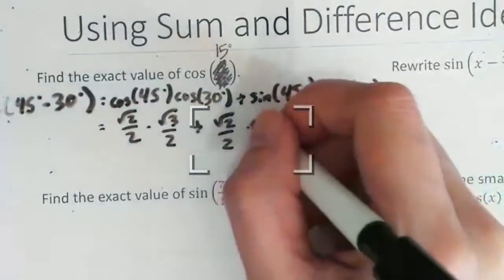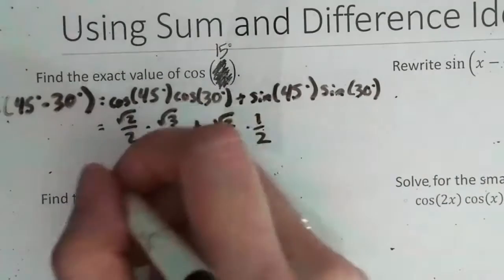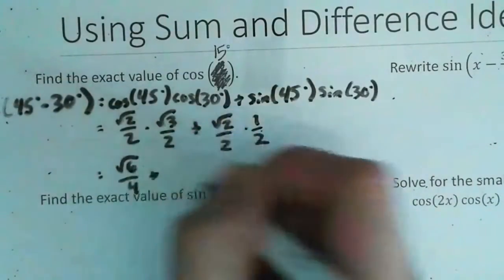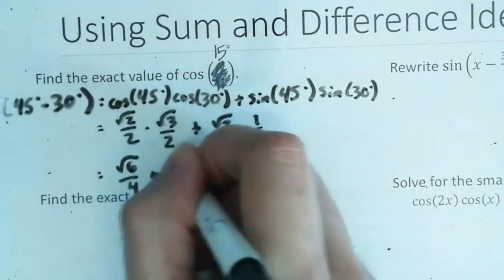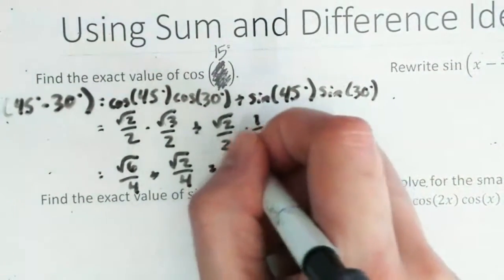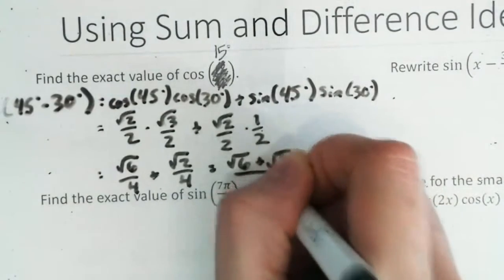And the sine of 30 degrees is 1/2. If I simplify the products, I'm looking at the square root of 6 over 4 plus the square root of 2 over 4. That's an okay answer, but if you want to put it together in one fraction, you can. So we're looking at the square root of 6 plus the square root of 2 all over 4.